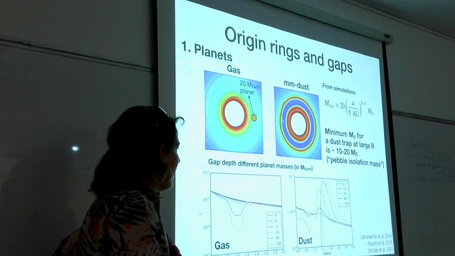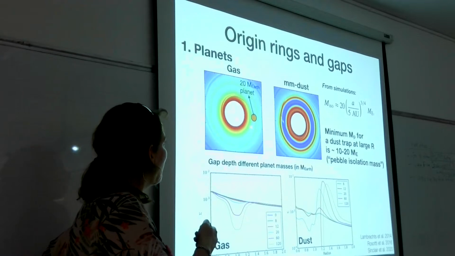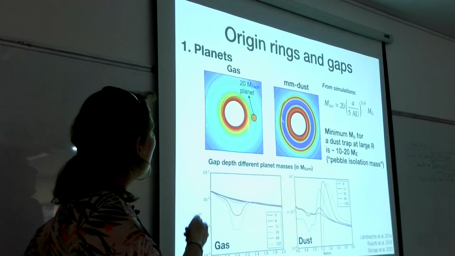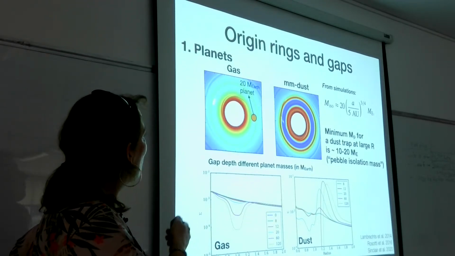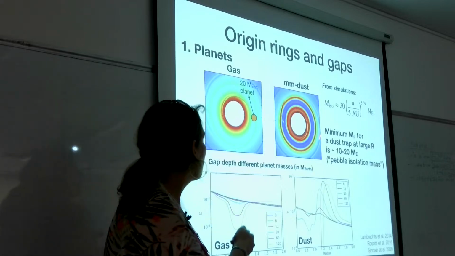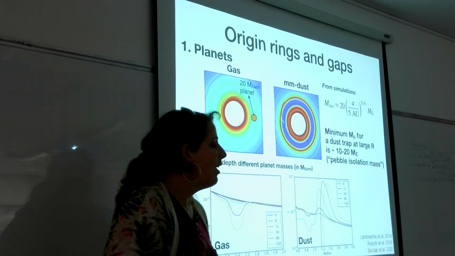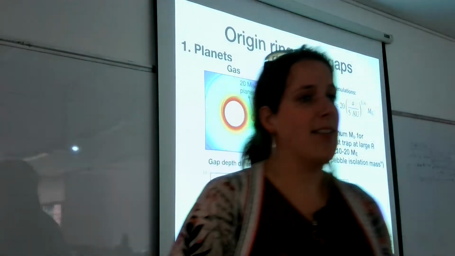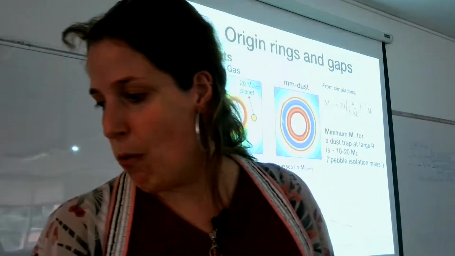And we see this in various simulations, and even though you don't see a clear gap in the gas distribution, you will get a strong concentration of dust at the elevation. You will get this pressure bump, this dust trap that is shown in the rings.